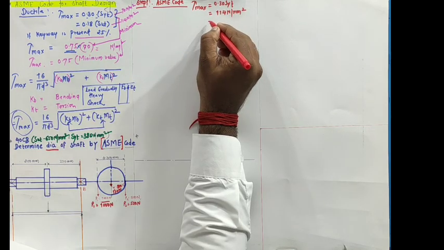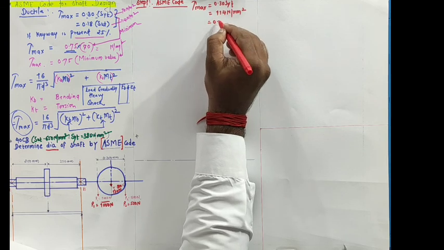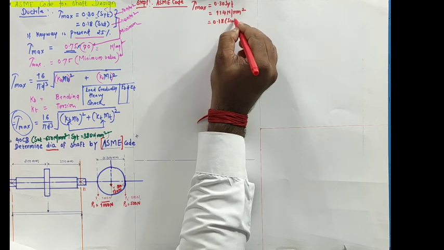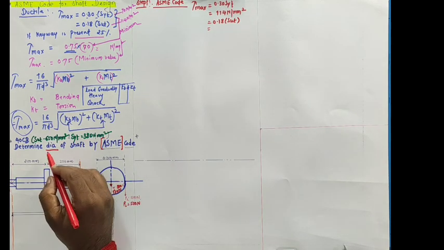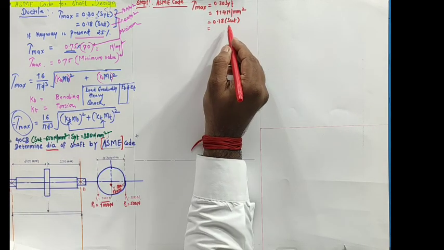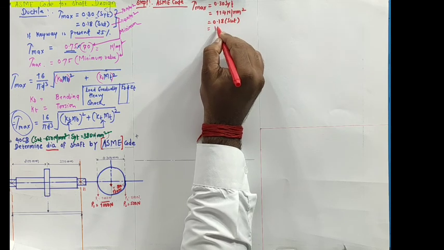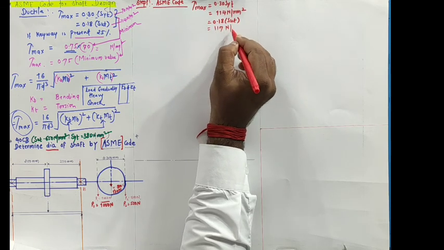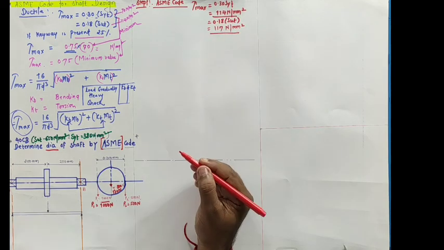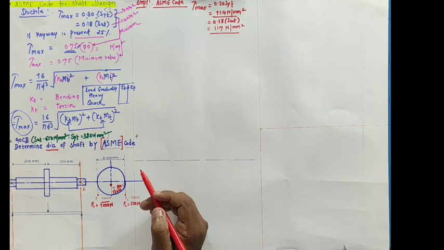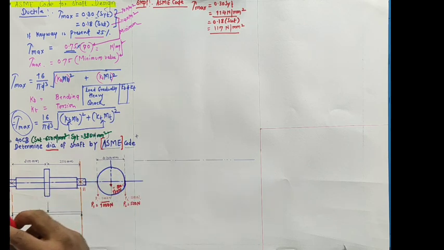And the second equation in the ASME code is 0.18 times SUT. SUT they have given as 650, so I multiply by 650. It will give me 117 Newton per mm square. These two values I have calculated from the numerical.